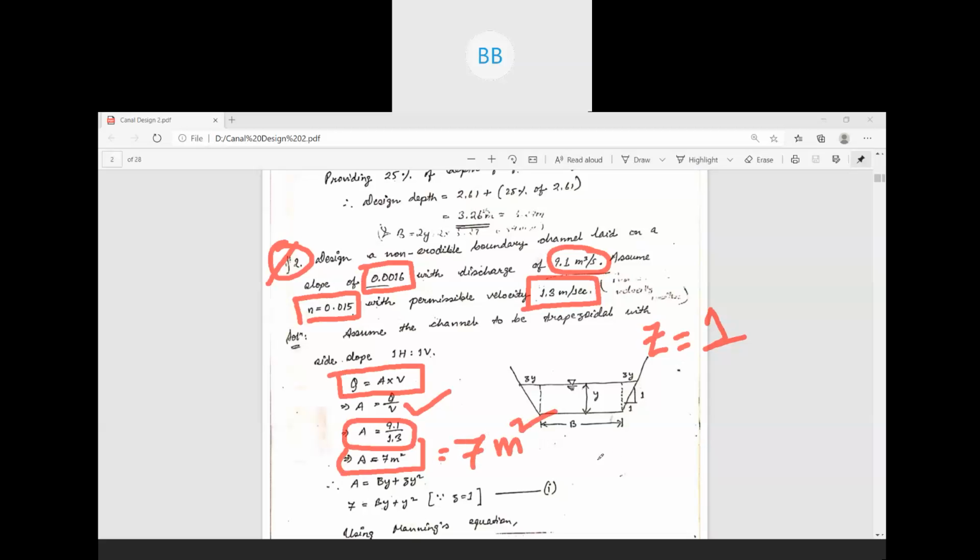Then you use the area expression of a trapezoidal channel. This area is known to us, so you can directly substitute 7 here and call it equation number 1. You're getting the same value for area.